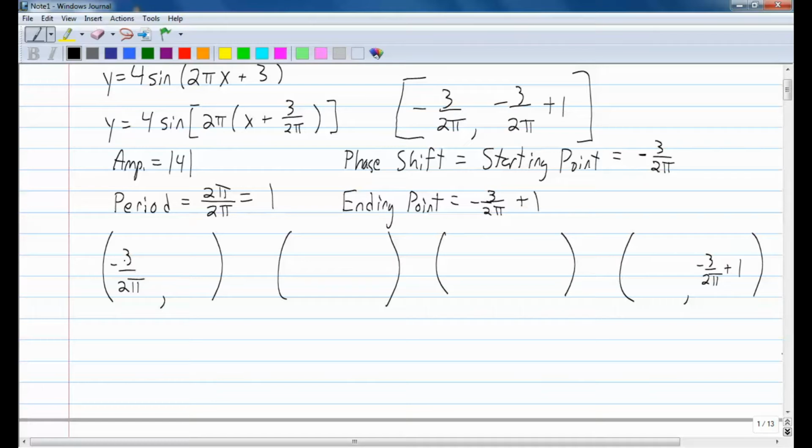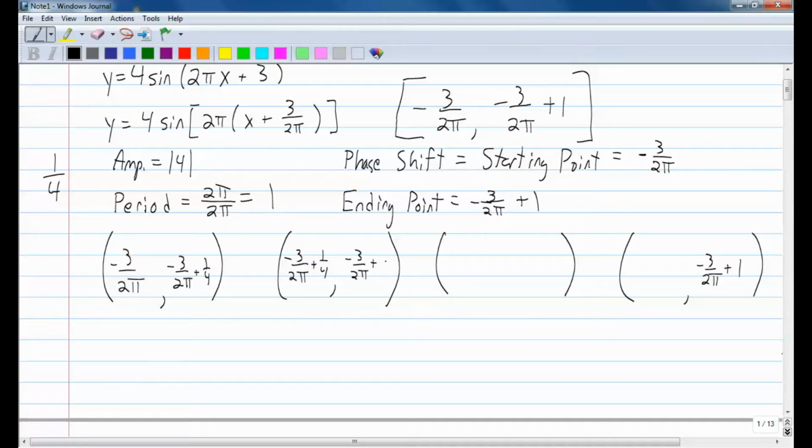Alright. So, negative 3 over 2 pi plus what? Well, we have to come back and look at the period. You take the period and divide by 4. So the period divided by 4 is 1/4. That's what we're going to add to each significant value to get the next significant value. So I'm going to say negative 3 over 2 pi plus 1/4. I start my next subinterval with that same value and then add 1/4 again. 1/4 plus 1/4 is 1/2.